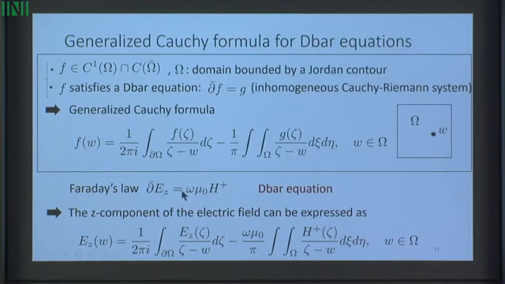Because Faraday's law is written in this d-bar equation form, the electric field at an arbitrary position inside the human body can be represented by these integrals: the contour integral of the electric field and the area integral of the measured magnetic field.